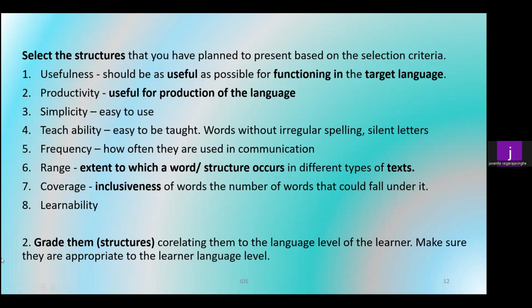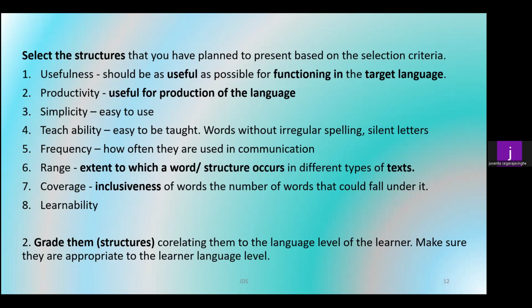Productivity. If we teach that particular structure, will it promote learning new words, or help the child to learn more language? Think of prefixes. The prefix "un" is very productive.